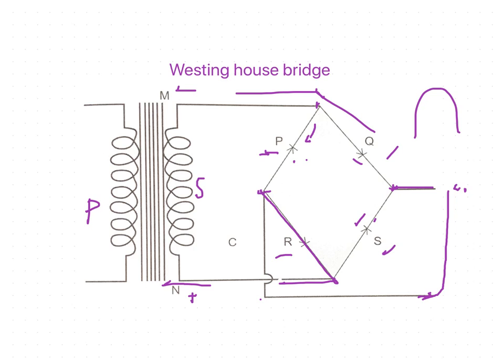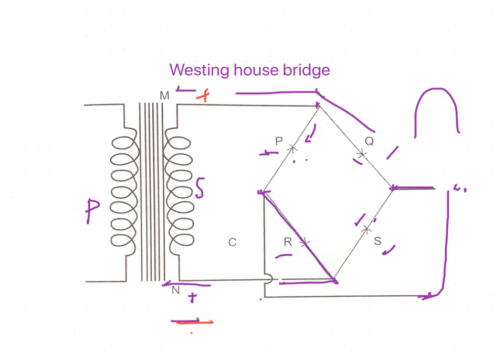Okay, next, in the reverse, what will happen? For the other half of the alternating current, we have to change the charges. So now N is negative and M is positive. Okay, how will the current flow?